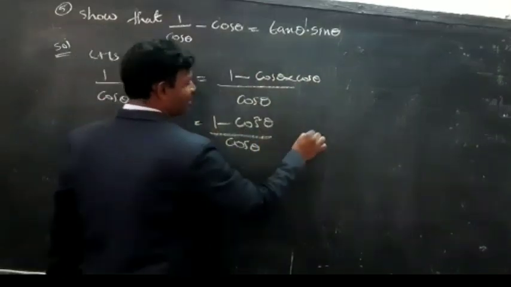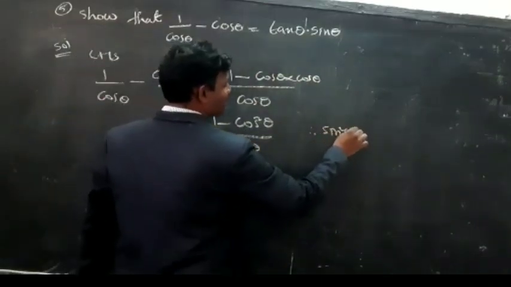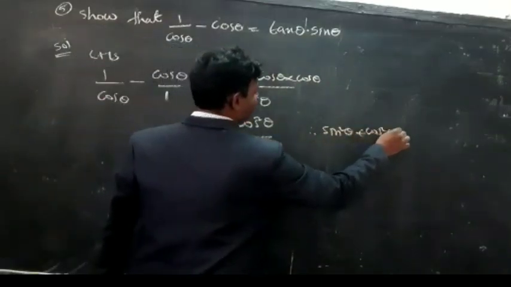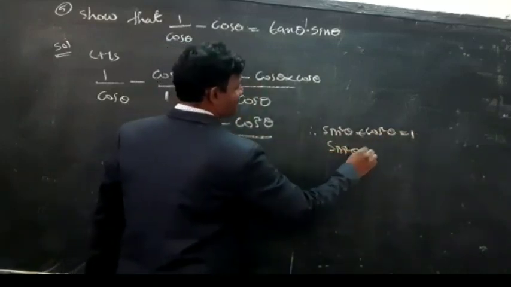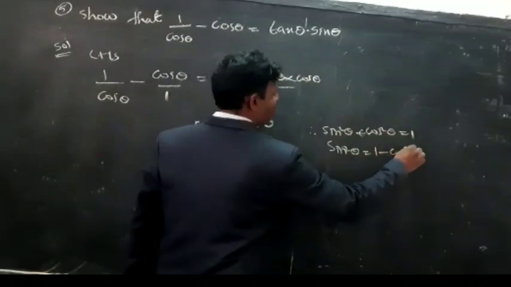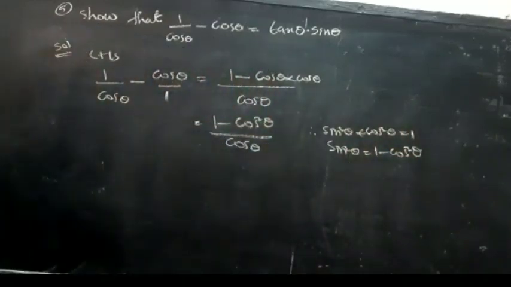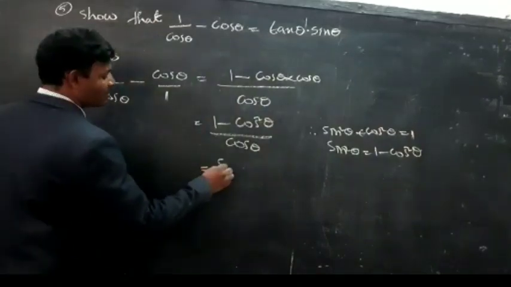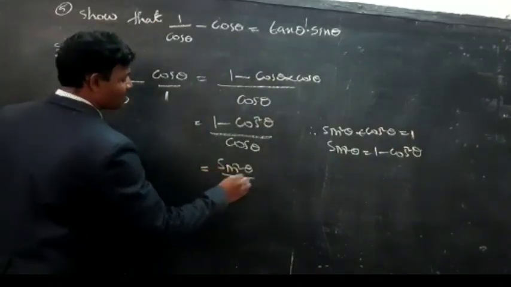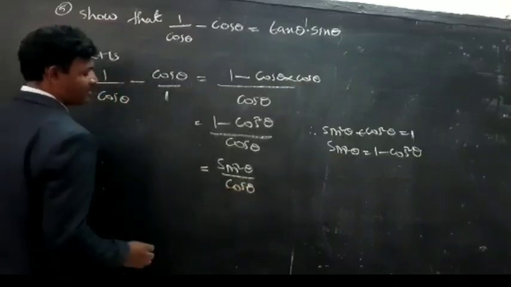According to the first identity, sin square theta plus cos square theta is equal to 1. So by this, sin square theta is equal to 1 minus cos square theta. So in the place of 1 minus cos square theta, we can write sin square theta. So it is sin square theta by cos theta.